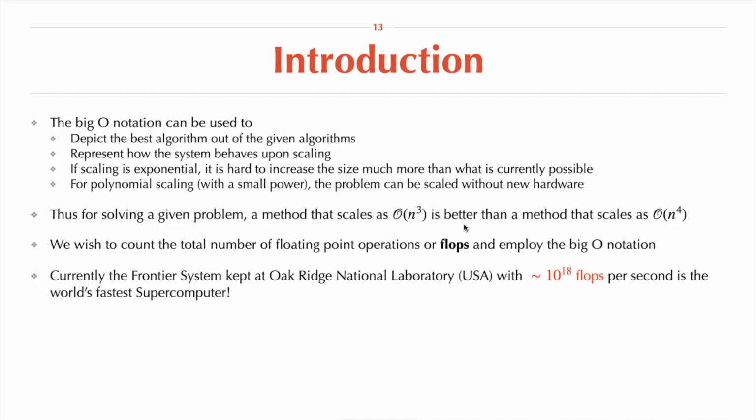But if you contrast it with the world's fastest supercomputer, that has 10 power 18 flops per second, but it comes with a price. This supercomputer consumes about 22,000 watts. So for every hour you run this system, you will use 22,000 units. Computing definitely comes with a price.